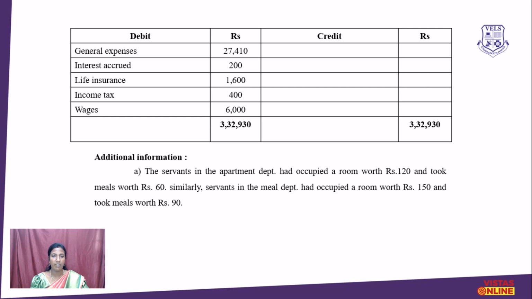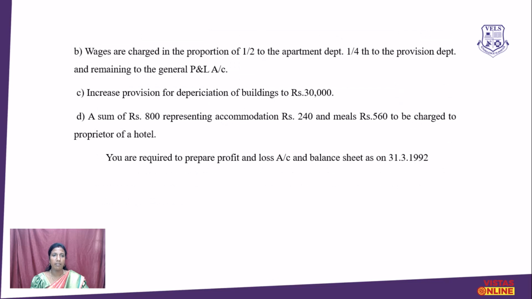A. The servant in the apartment department occupied a room worth rupees 120 and took meals worth rupees 60. Similarly, the servant in the meals department occupied a room worth rupees 150 and took meals worth rupees 90. B. Wages are charged in the proportion of 1/2 to the apartment department, 1/4 to the meals department and the remaining to the general profit and loss account.